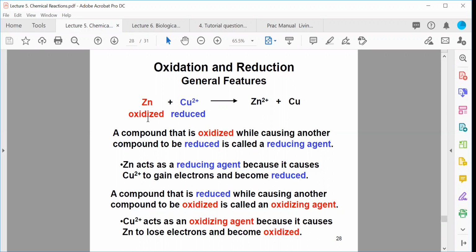So we call the copper cation an oxidizing agent. Once again, very confusing until you really get your head around it. And I know it's very confusing because this is often part of a test or exam where students get very confused. So a really good one to try and get your head around.